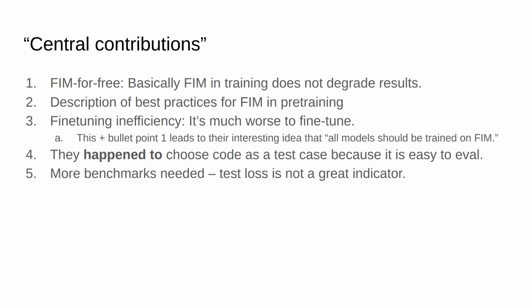So theoretically, every model could be trained to be an FIM model with little cost, which is one of the main conclusions of this paper. Number two is a description of exactly the best practices for FIM in pre-training. Number three is fine-tuning inefficiency. They found performance is a lot worse if you fine-tune as opposed to including FIM in pre-training.